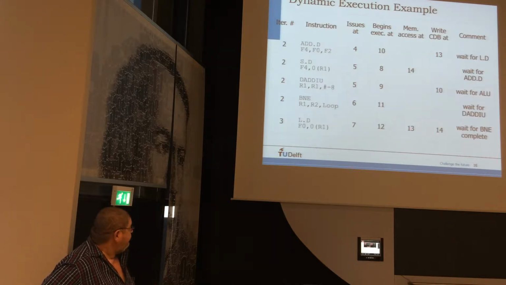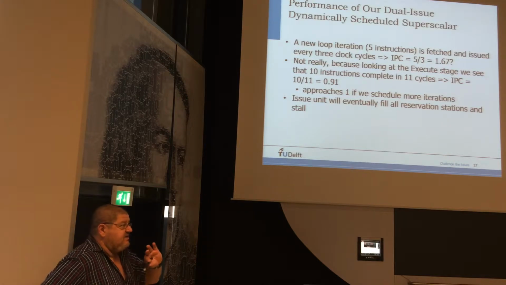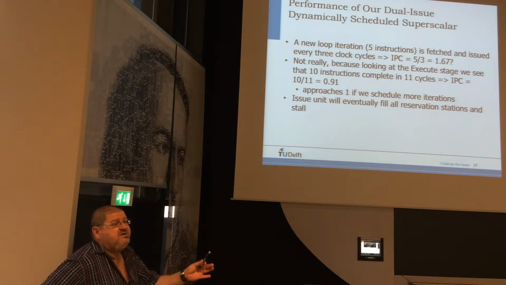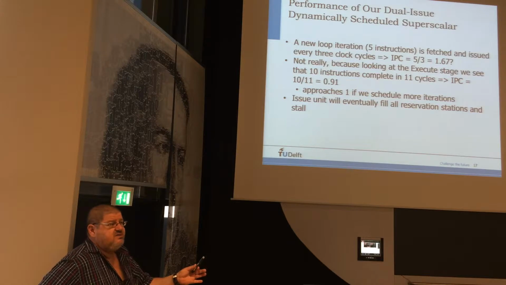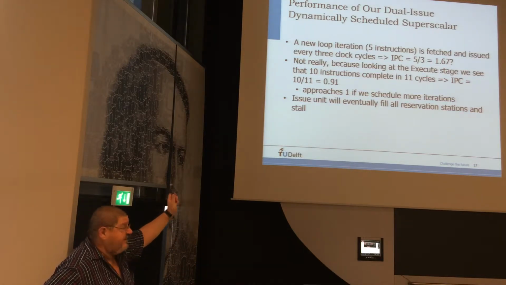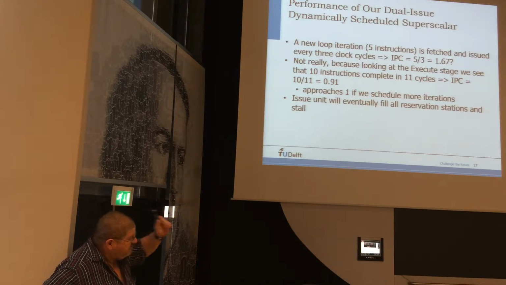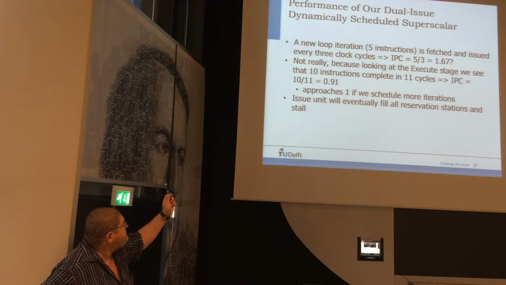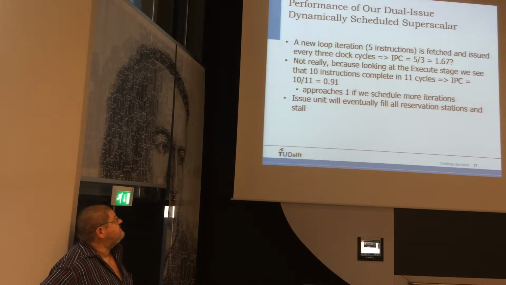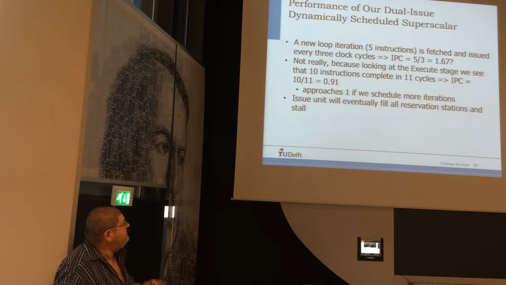Now, if I just look from a bird's eye view at the situation, each loop is 5 instructions, and I am fetching and issuing 5 instructions every 3 clock cycles, which will give me an instruction per cycle of 5/3, which is 1.67.